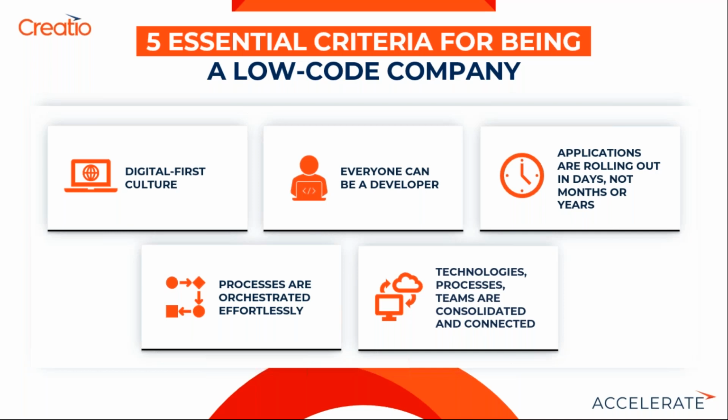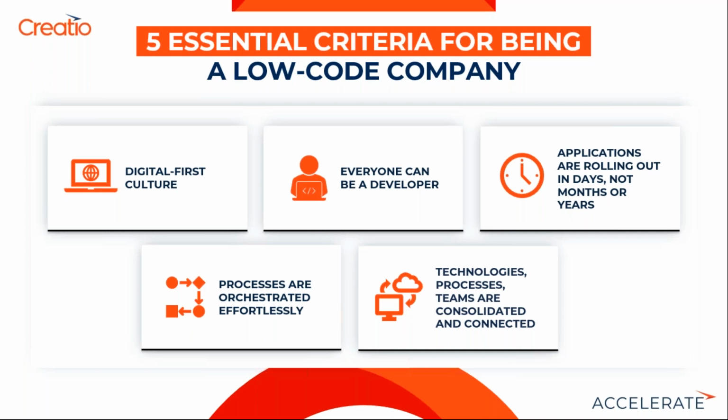Applications are rolling out in days, not months or years. So we have faster times to deployment. We're aligning our technology, processes, and teams on a consolidated technology, right? So if we're all developing and utilizing the same technology, it's going to be streamlined and purposeful across your organization.